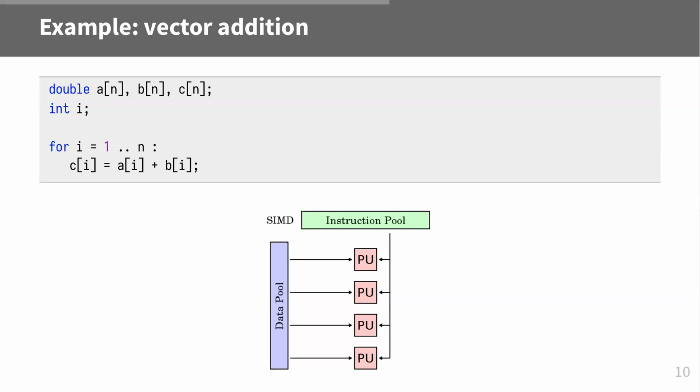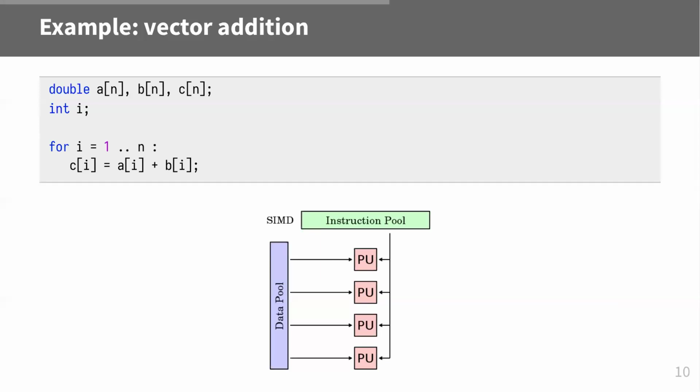We just say we have these 3 arrays, each of length n because they represent vectors. Vector addition only makes sense if they're all the same size. Double just indicates that they are double precision numbers. I, which is going to be the loop index through the vectors, is obviously an integer.